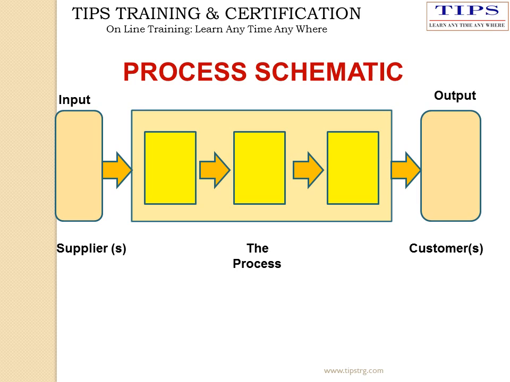This is the typical schematic diagram of a process flow chart. Here the inputs and the suppliers are given. The process goes through yellow rectangles, and finally the output is bought by the customer.